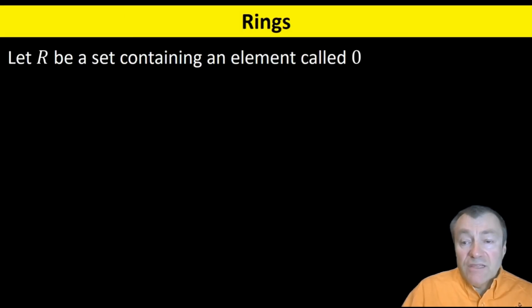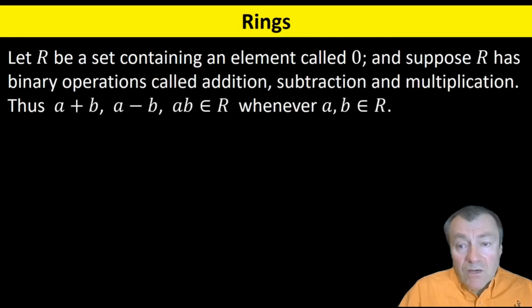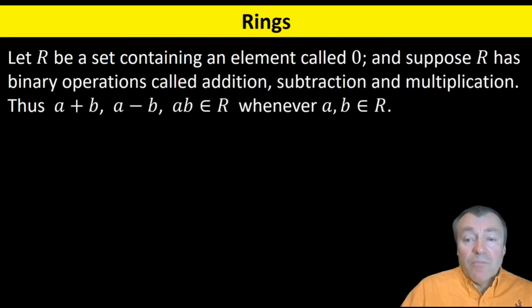I have spoken very loosely of what we mean by a ring, but once and for all, let's make the definition precise. You can easily look this up later if you need it. I'll take a set R, ordinary R, not blackboard bold R, with a special element I'll call 0. We want to have three binary operations called addition, subtraction, and multiplication.